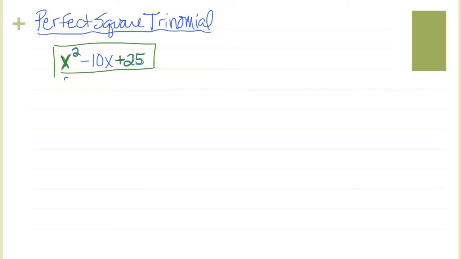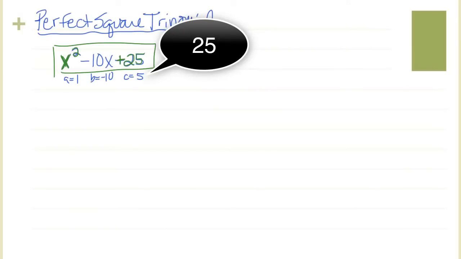So A is 1. There's nothing that can come out of this. B is negative 10. C is positive 25. We're looking for things that multiply and give us 25 and add up to negative 10. And some of you already see what this is going to be. Only thing to multiply to get 25 is 1 and 25 and 5 and 5.